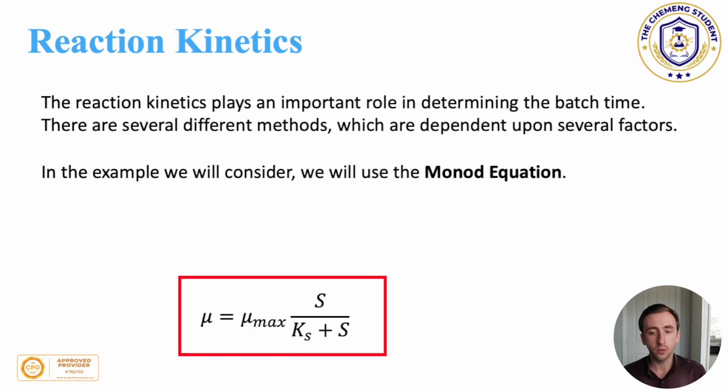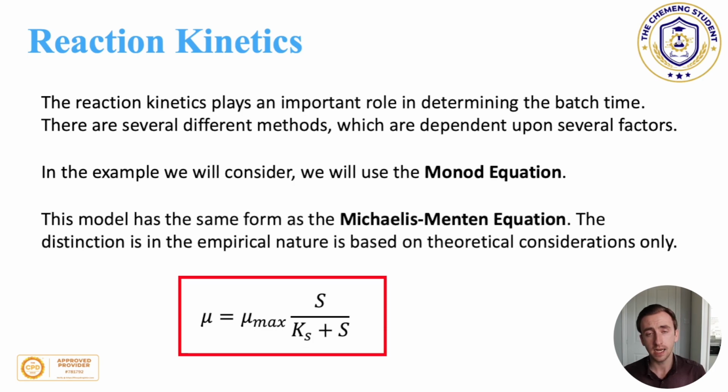Now here what we're going to do is consider the use of the Monod equation. And this basically takes a similar form to the Michaelis-Menten equation, where the key distinction is that this one is of an empirical nature and is based on a lot of theoretical considerations.